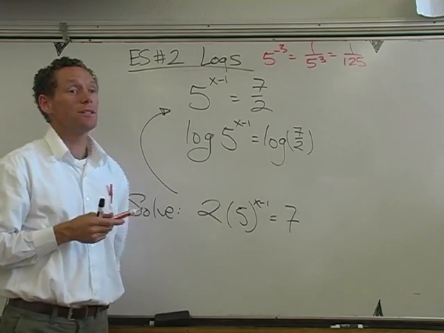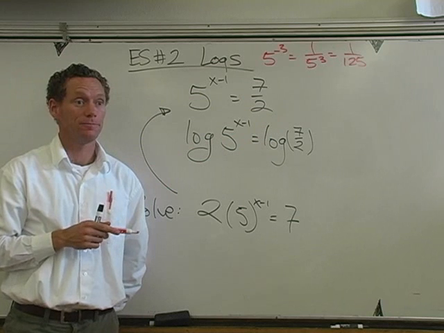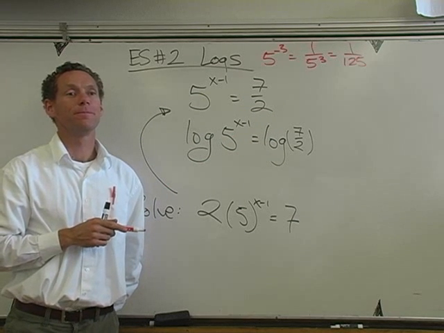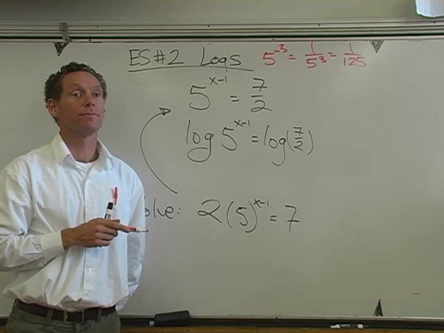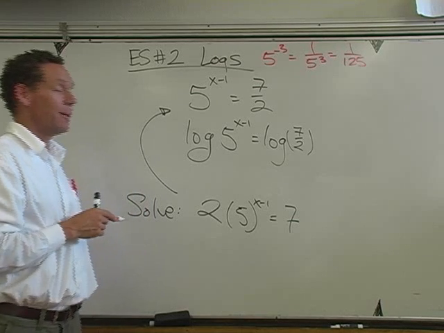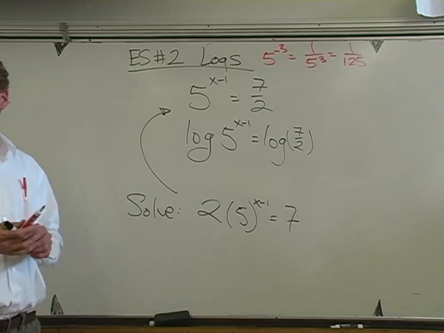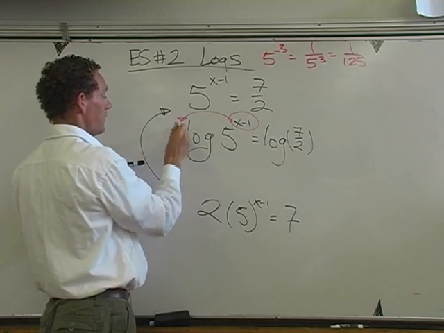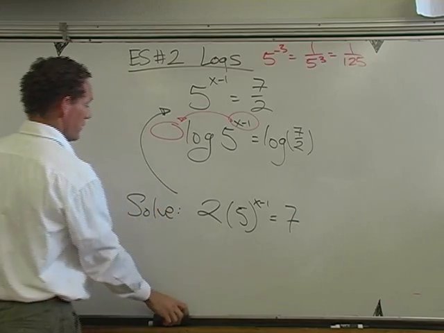This is helpful to us because why? Because then, Megan? Because then you can move the x minus 1 down. And it becomes a coefficient. Turns from an exponent into a coefficient, like so. Wonderful.